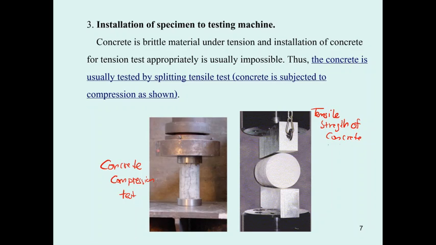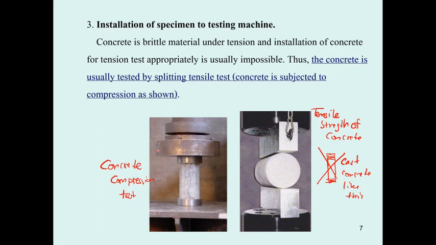We cannot cast the concrete to be the same specimen as we test for the steel. It's really hard to cast concrete like this. So it's inconvenient to test the concrete in tension by doing this.